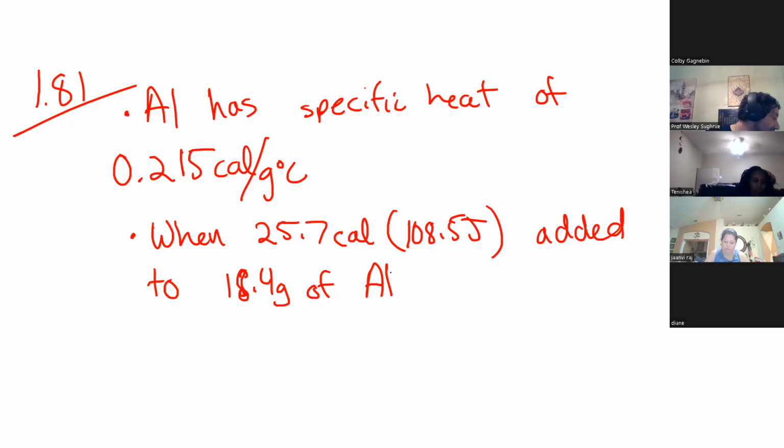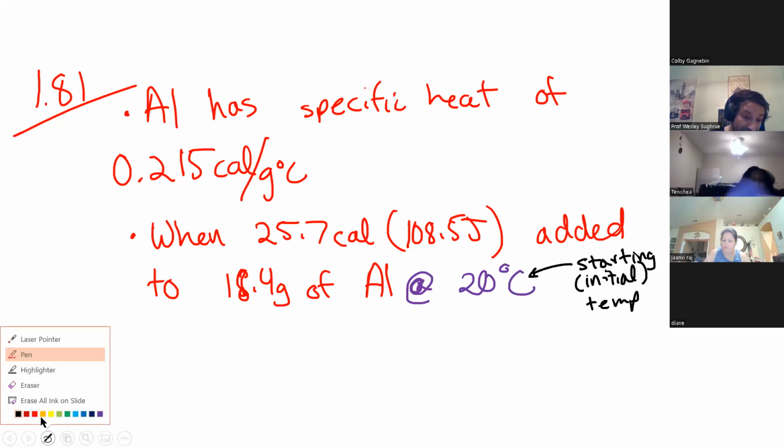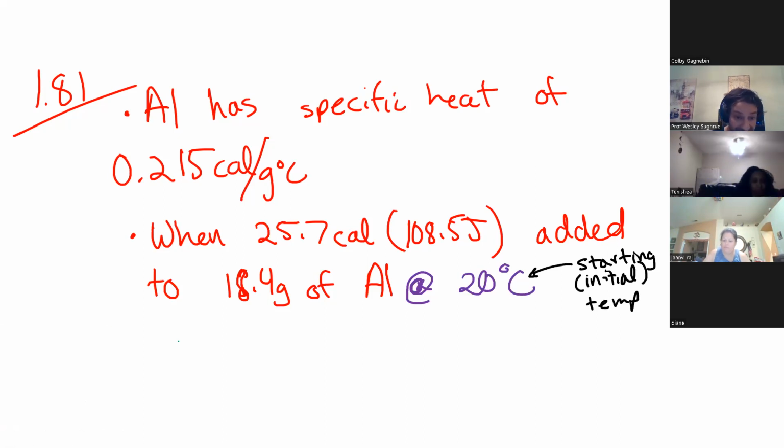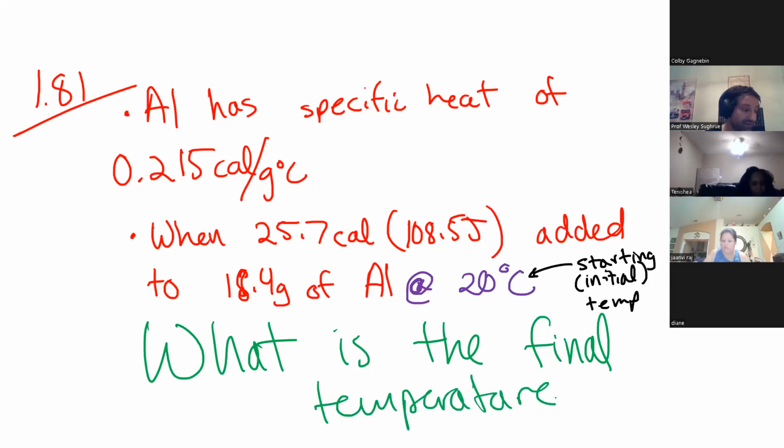Okay, so what is the final temperature? It starts at 20 degrees C. So that 20 degrees C is the starting, let's call that the initial temperature. The actual question that we finally get to is, what is the final temperature?